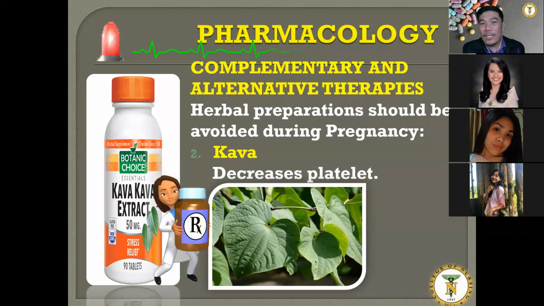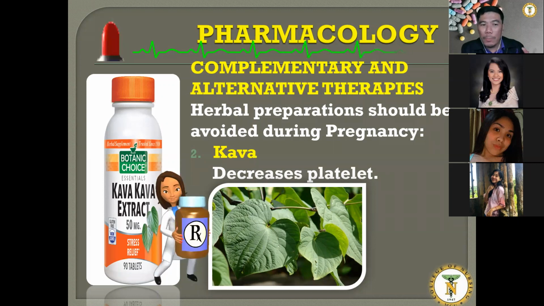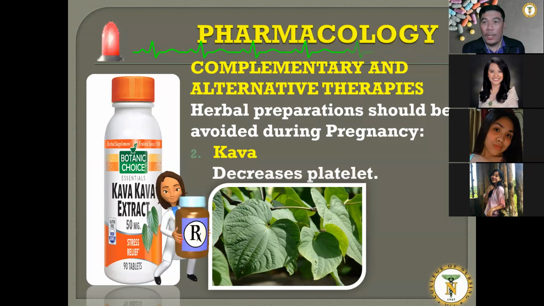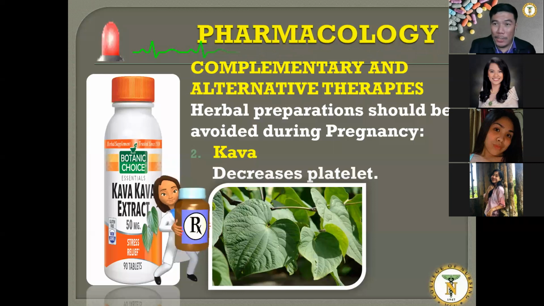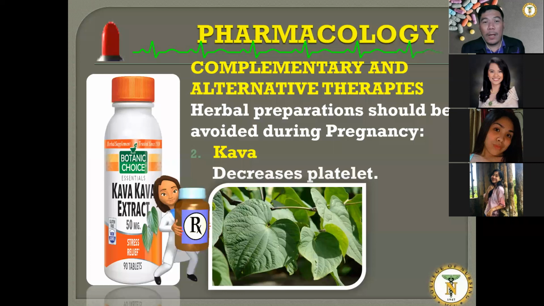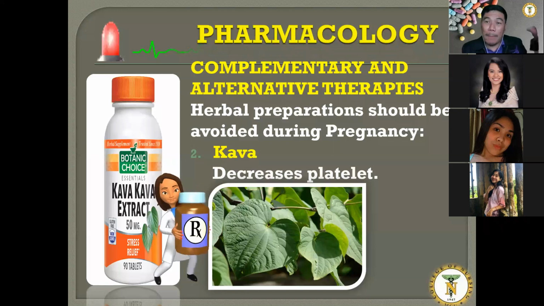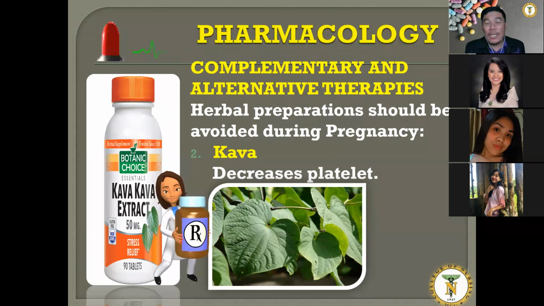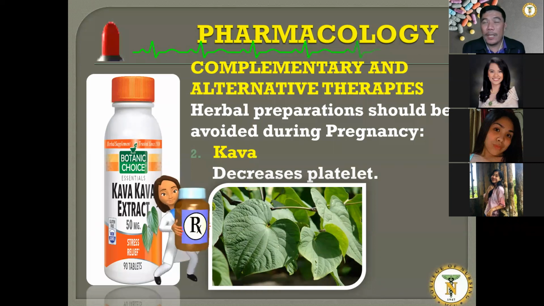So students, if there are supplements at home, be cautious and be conscious, especially if you have pregnant family members and relatives living with you. These are common herbal preparations sent even from abroad or offered for free by some of the agents. So we must be aware that it should be avoided because it will decrease platelets.